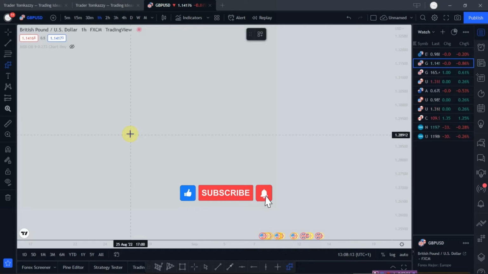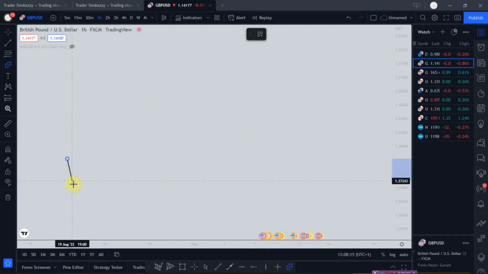Good. Now let's take this. The market is from this place, and then we saw this move. Can you see that? So the market is doing something like this.